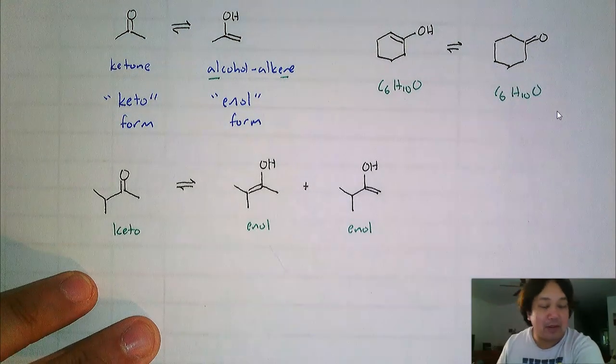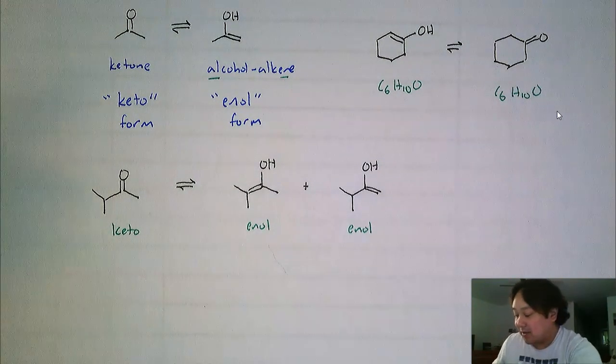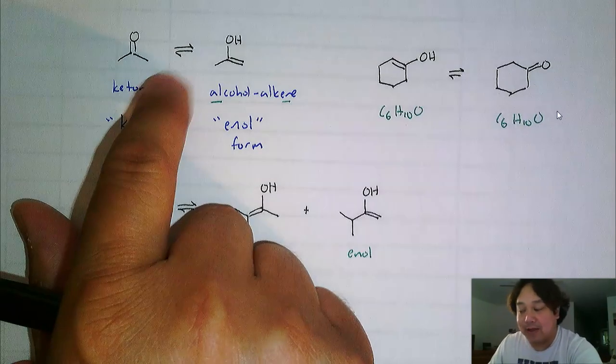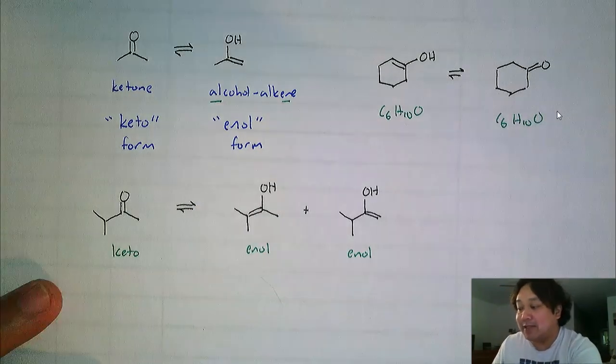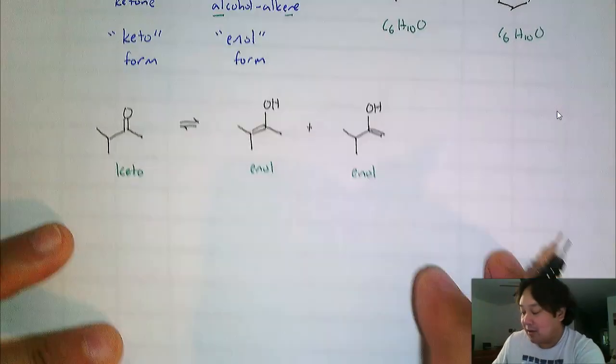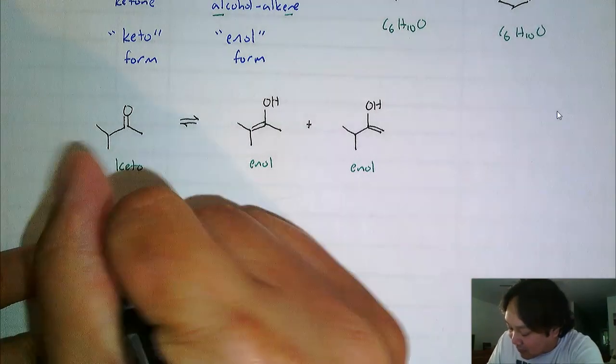Okay. Does this happen in solution? Yes. Now it goes faster, the bouncing back and forth goes faster under acidic or basic conditions. I'm not going to show you both. I'll show you the acidic version. And I'm going to start out with an enol.